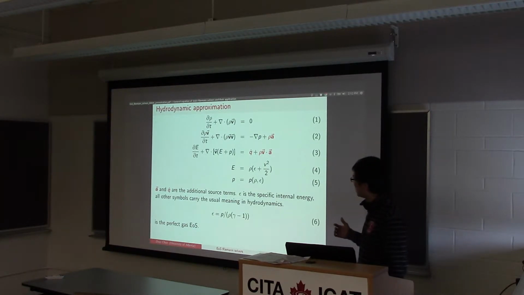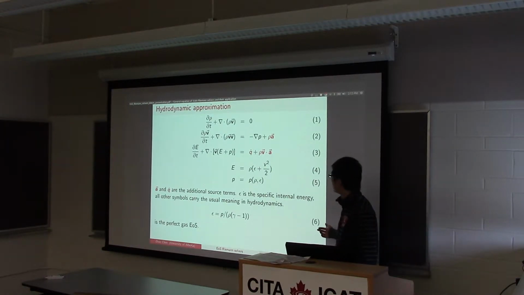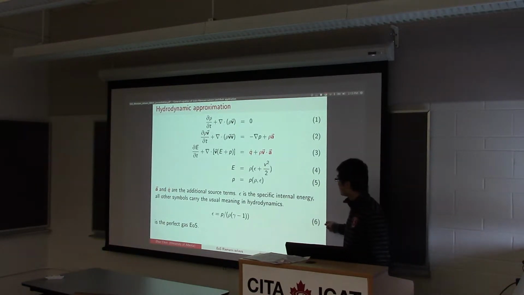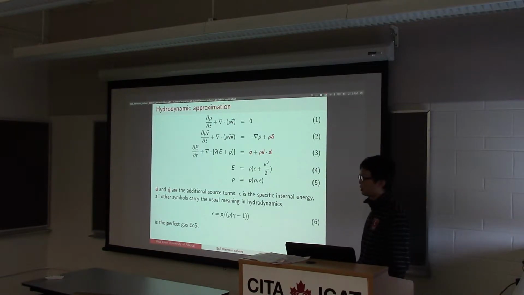This specific internal energy is usually supplied by a perfect gas equation of state in most prevalent research, because with this type of equation of state, also called gamma law gas, there is a beautiful procedure to solve these Euler equations with Riemann solver.